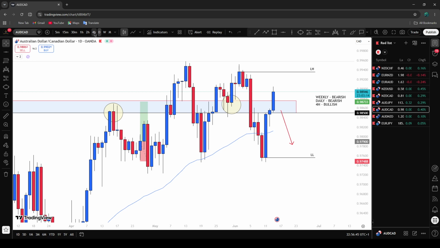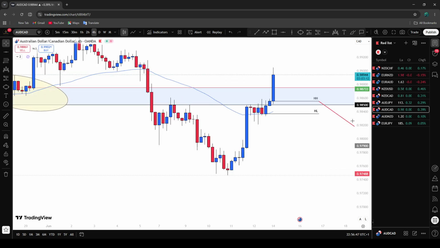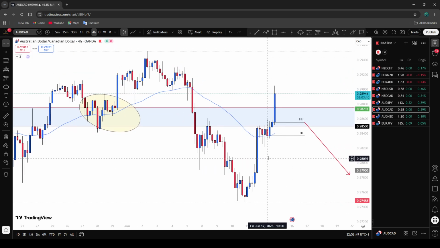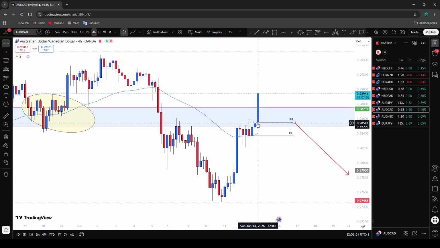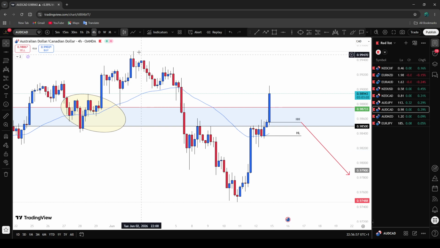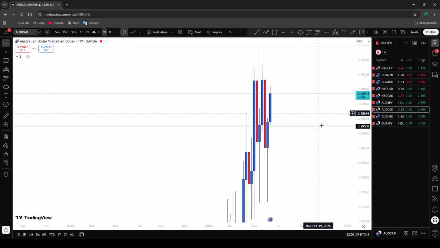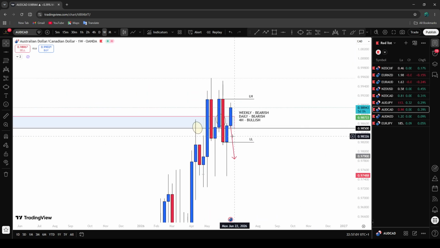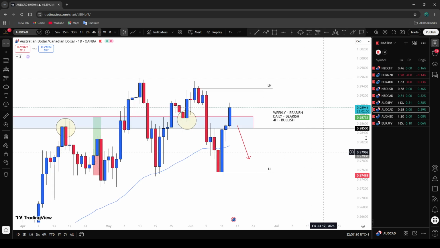Well, on the 4-hour time frame, we are bullish, and that's not really important, because we only have the daily. The weekly is already bearish, and the daily is also bearish.